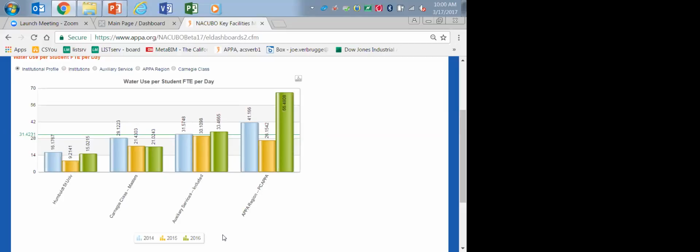And if you look at this year's data, so for Humboldt, their water per student was 15 point, I can't read it, 15. If you scroll across it, the number will pop up. And then for the PC APPA, look how extreme that is. Yeah, 66. So a significant difference on the average for all PC APPA participants versus what Humboldt's average is.